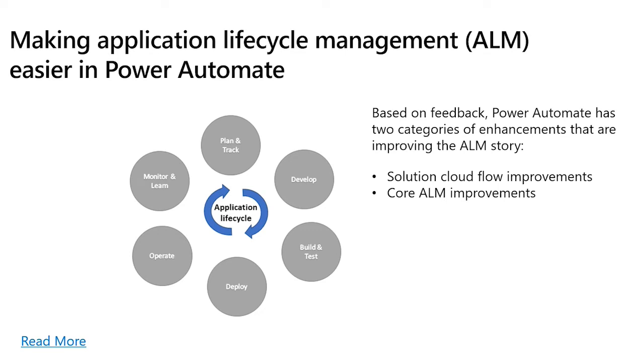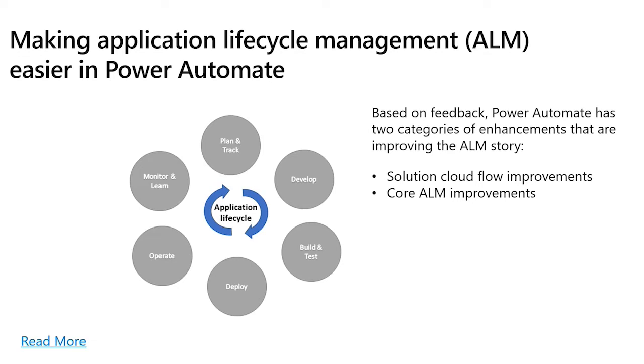Next up is an ALM topic, making application lifecycle management easier in Power Automate. So ALM is that end-to-end lifecycle management of applications and automations, including considerations like governance, development, and maintenance. And so with this, Power Automate is providing more functionality. We have a documentation site dedicated to Power Platform ALM, since it's such an important topic across Power Platform.